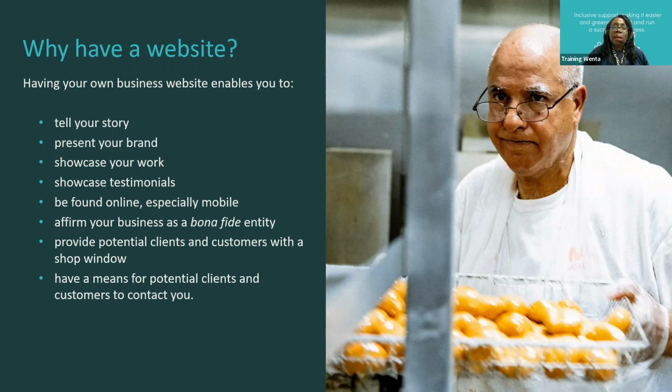It's also a way of presenting your brand, letting people know what you are about. If you're offering a service, it's a great way of people looking at your picture and seeing you right there in the About Us section and being able to resonate with who you are. And people buy into what they see.